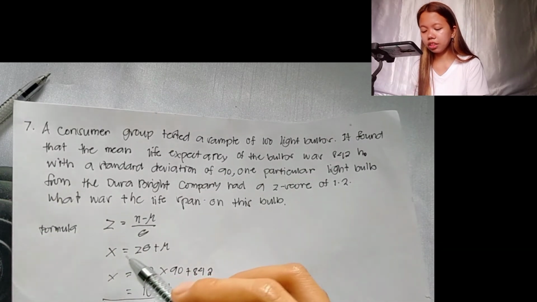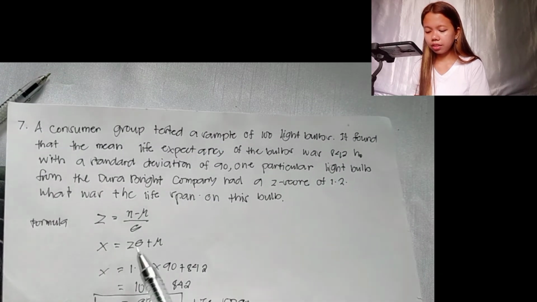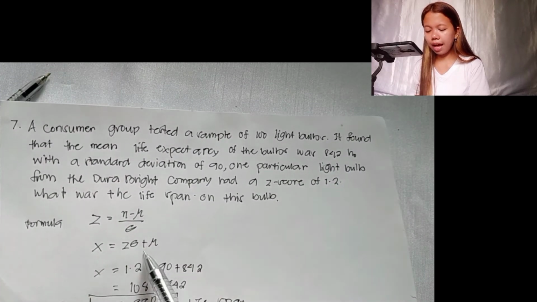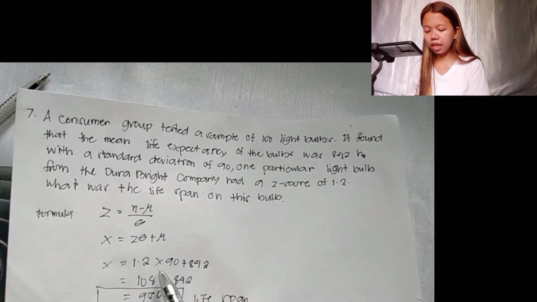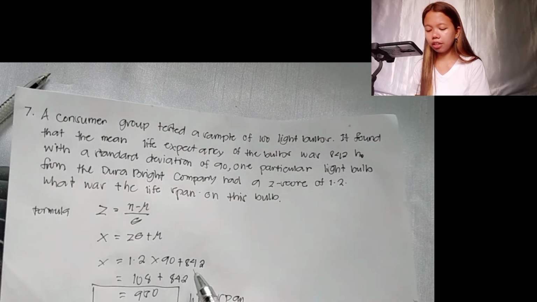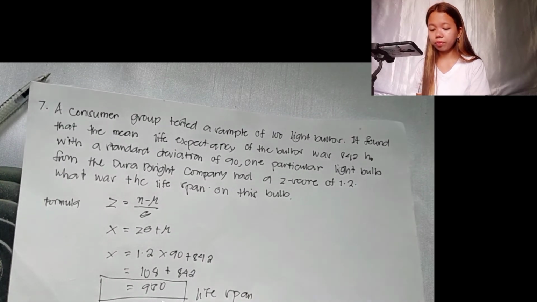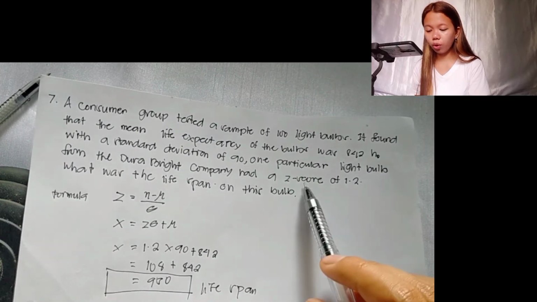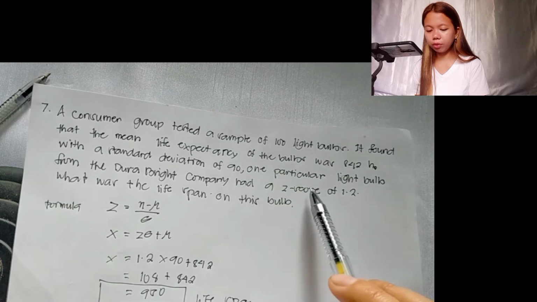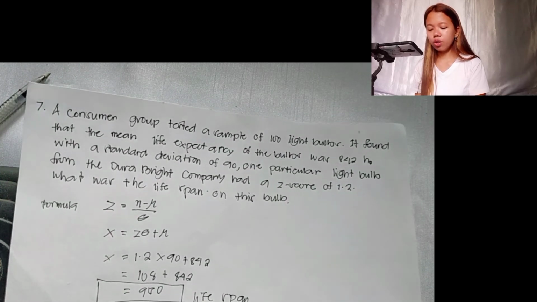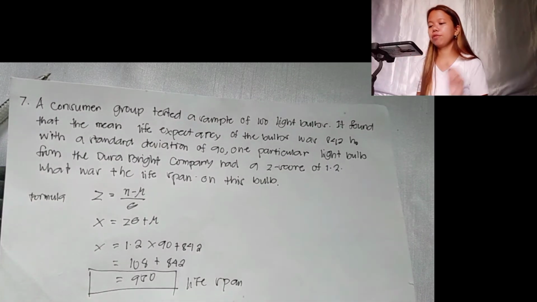That will become x is equal to z times the standard deviation, added to the mean. That would become 1.2 times 90 plus 842. So 1.2 times 90 is equal to 108, and add to the mean, which is 842. So our lifespan on this bulb is 950.